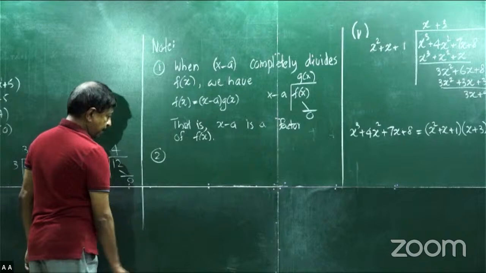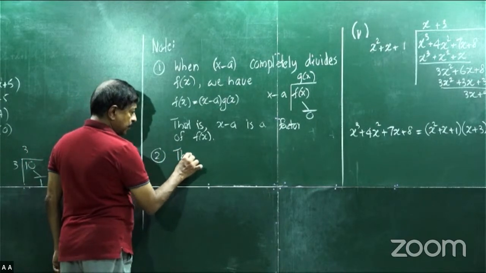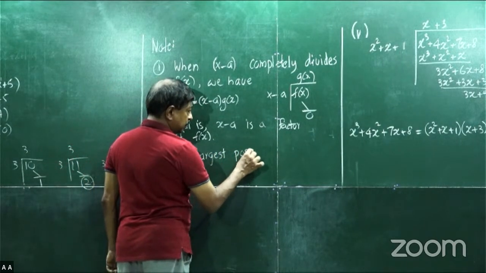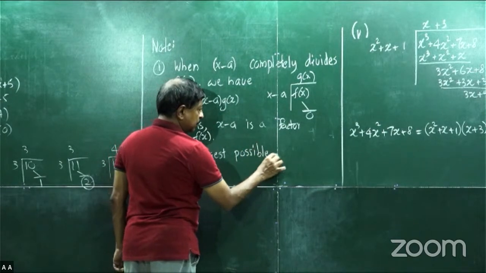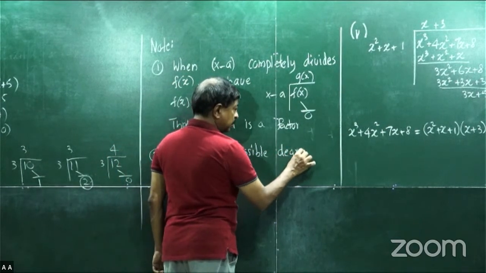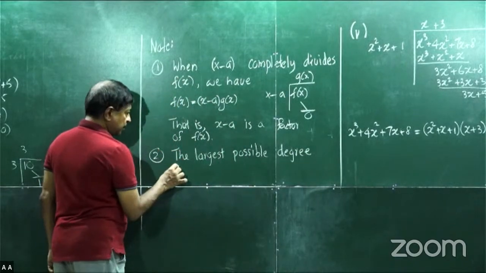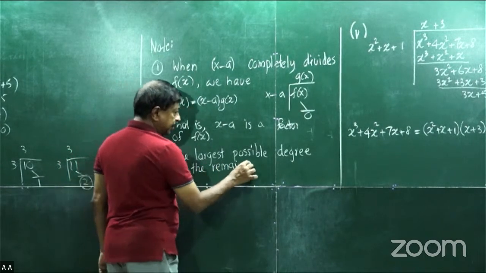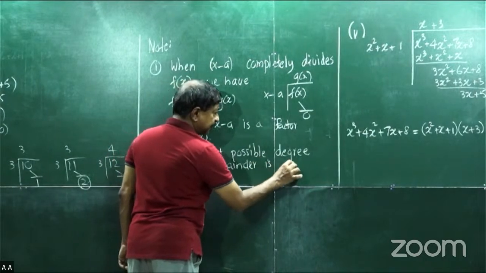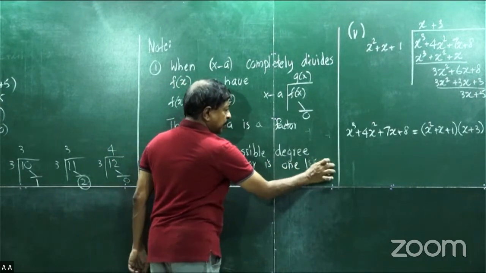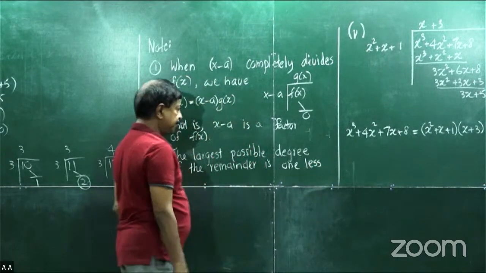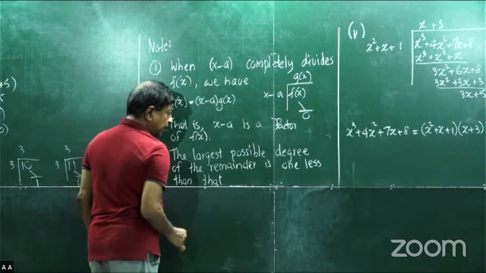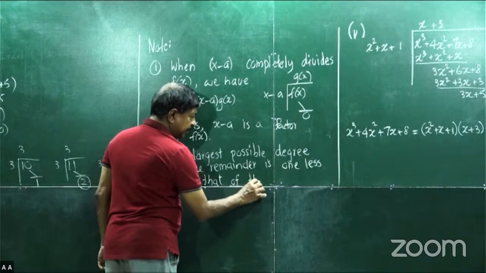Second, the largest possible degree of the remainder is one less than the degree of the divisor.